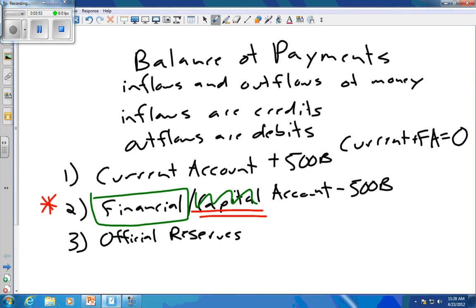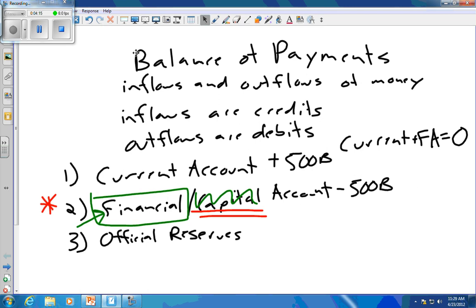They're not quite the same. For the sake of this class, they're absolutely the same, so you can assume that they are one and the same. You will not see financial or capital account without financial account, but if for some reason you do, just know that they're the same thing. As I said, they're phasing in the new terminology, and I actually like the new terminology better because it does a better job of describing what should be in that account.